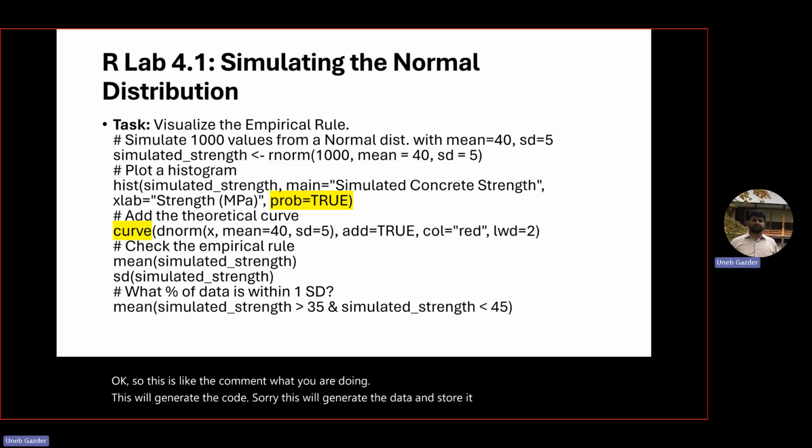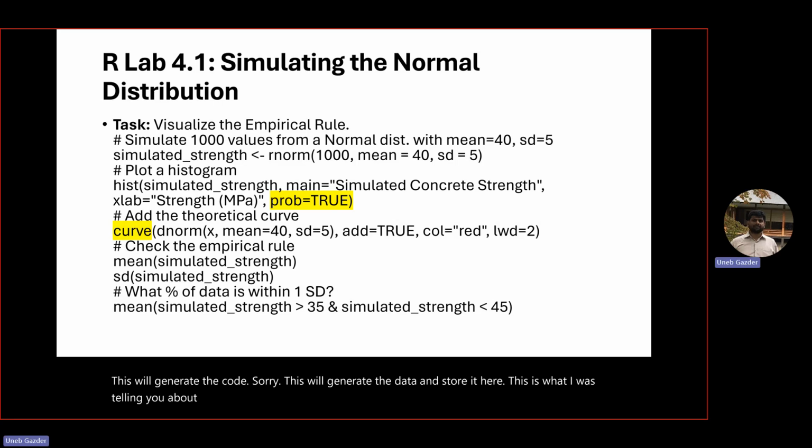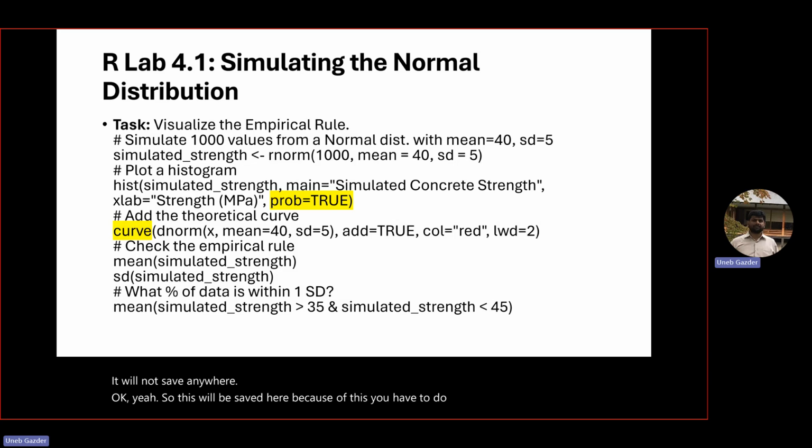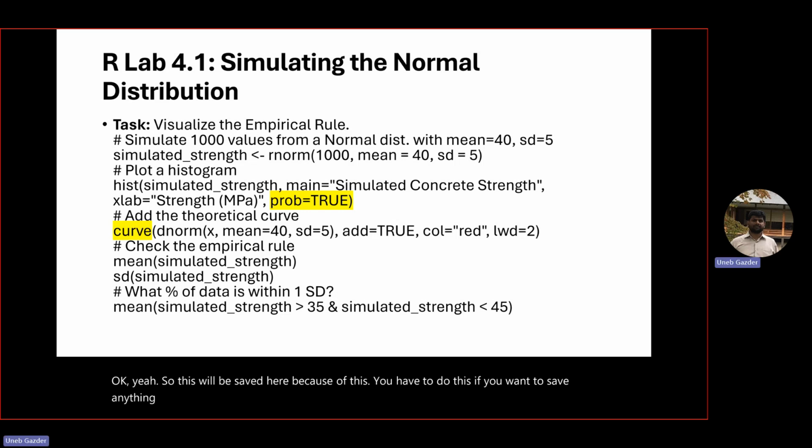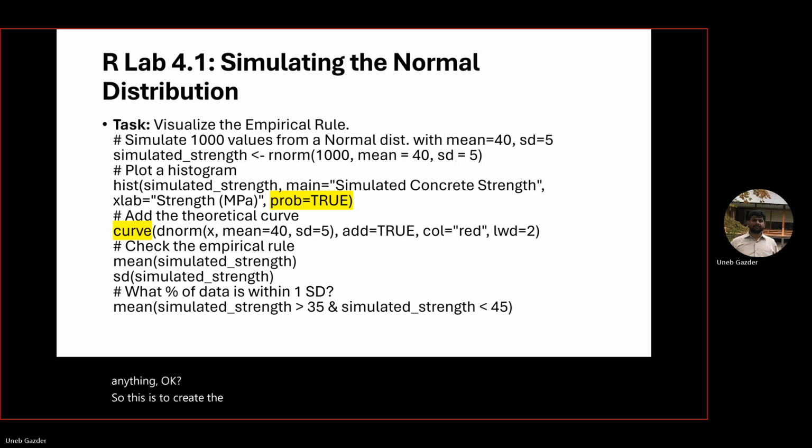This is what I was telling you about earlier. If you don't do this, it will still work, but it will not save anything. So you have to do this if you want to save anything. This is to create the distribution, and then this is to plot the histogram.